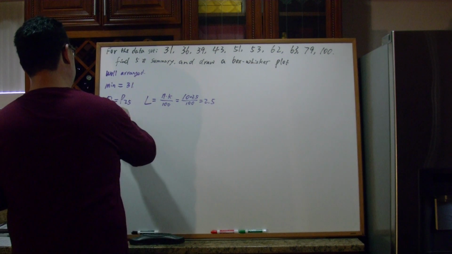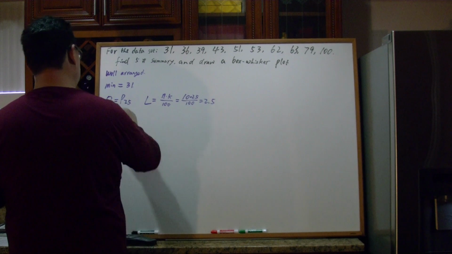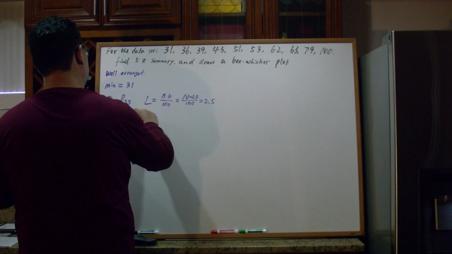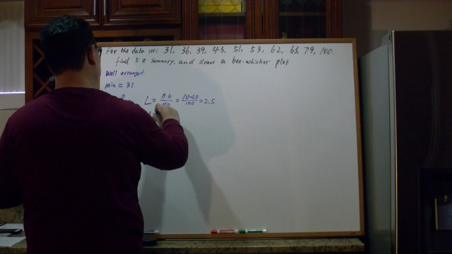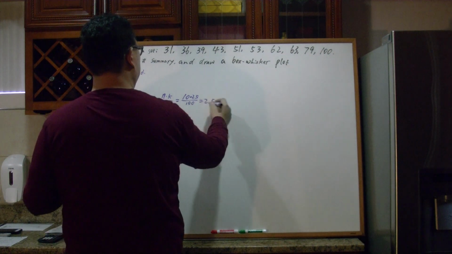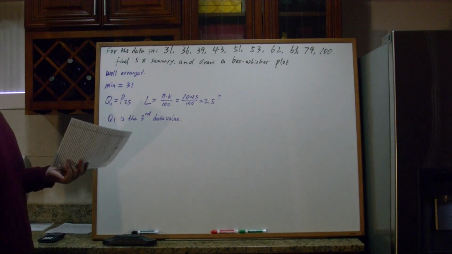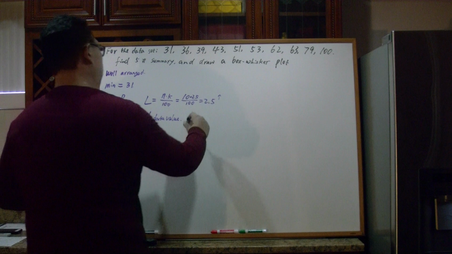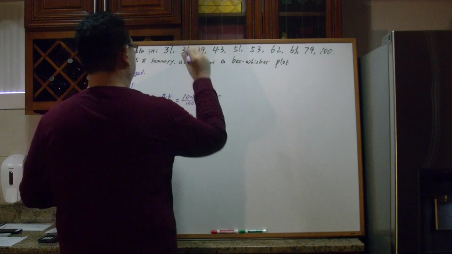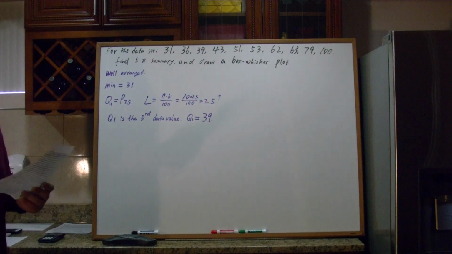Which means the P25, or the first quartile, is the third data value. Since we get a decimal, we need to round it up. That means our Q1 is the third data value, which is 39. So Q1 is 39.